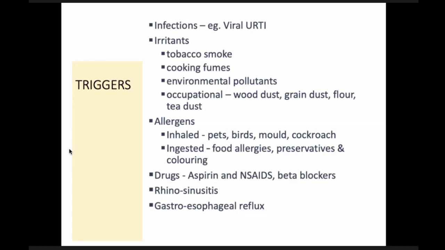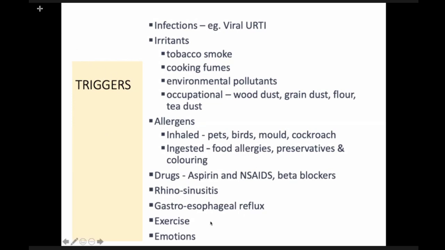So you need to ask about symptoms of gastroesophageal reflux like heartburn, acid coming up into the mouth, burping, belching. But even without symptoms, sometimes one can get gastroesophageal reflux triggering asthma attacks.